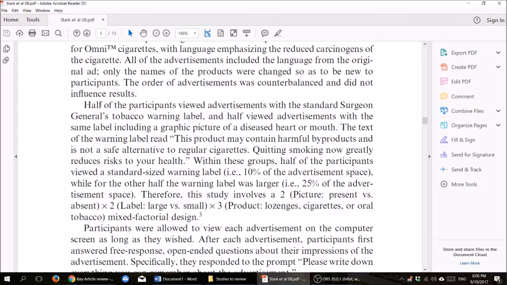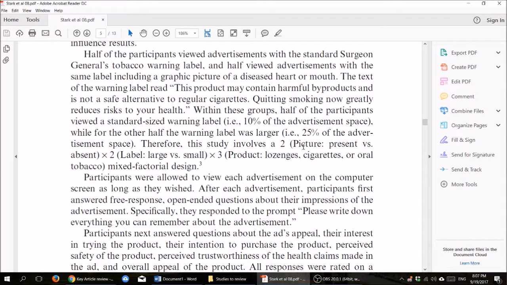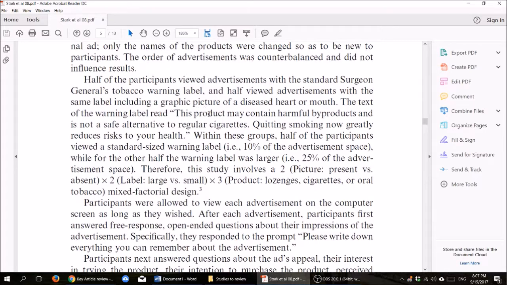Also here they mention half of the participants view advertisements with the standard Surgeon General's tobacco warning label, and half view the otherwise, right? So this indicates that there is more than one independent variable.